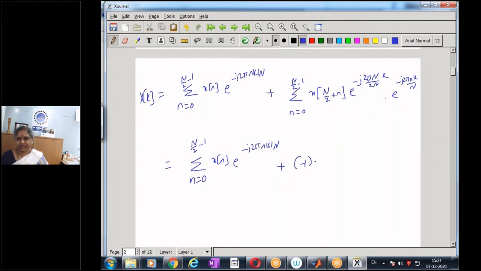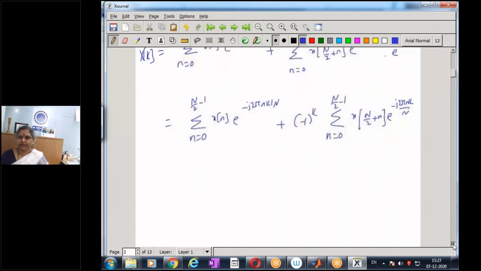So this becomes minus 1 to the power of k times sigma n equal to 0 to n by 2 minus 1 of x of n by 2 plus n into e to the power of minus j 2 pi nk by n. That's all we have.